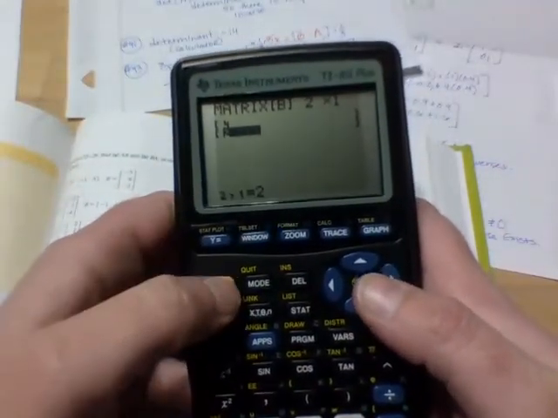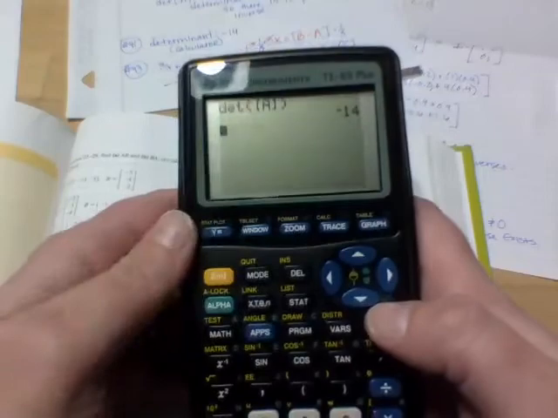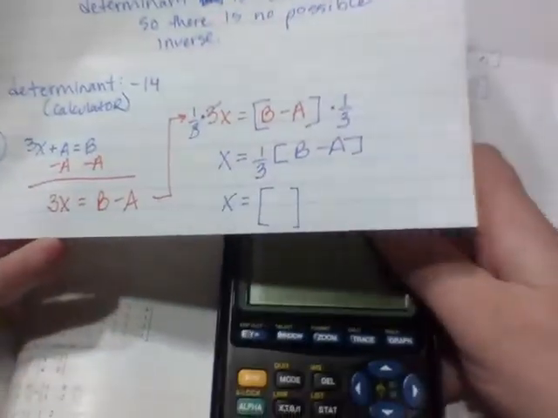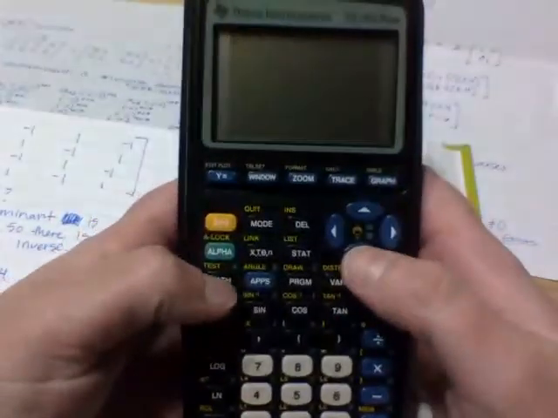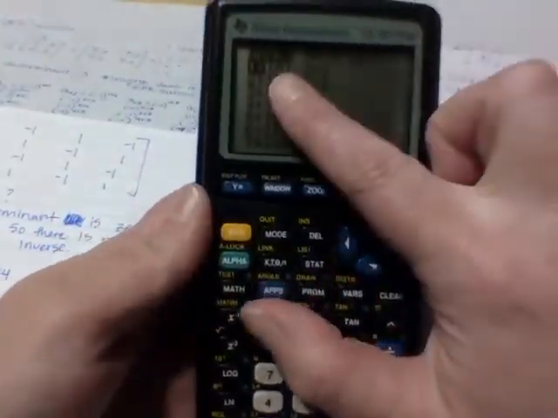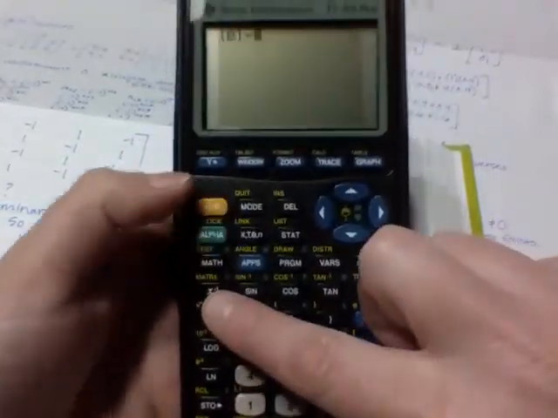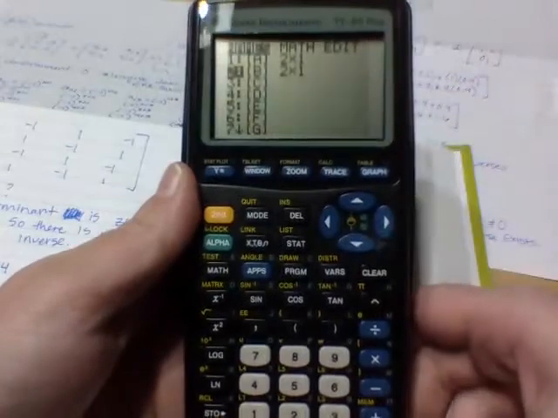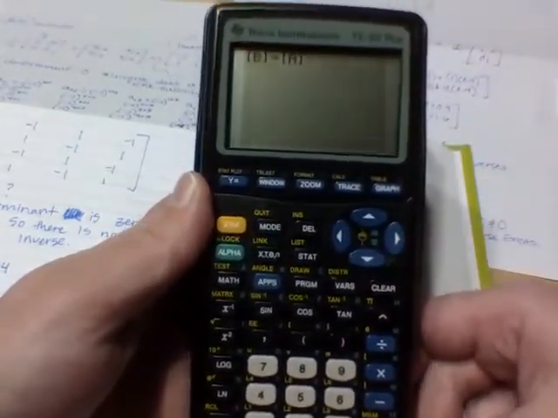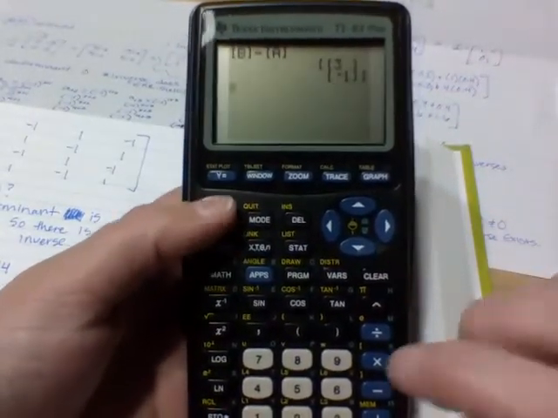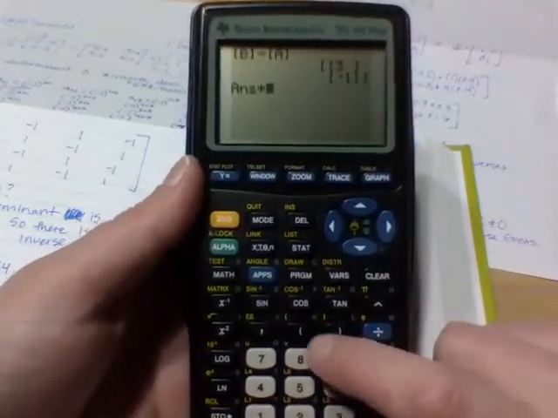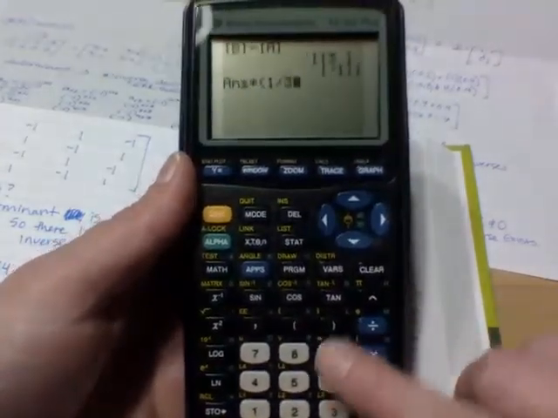All right, so if we go back to the home screen again, we are not finding determinant anymore. We are now going to put in basically this operation that we said earlier. So we're going to do B minus A, which means that we're going to take the name of B and subtract the name of A. And then from there, we're going to multiply the result times 1/3.